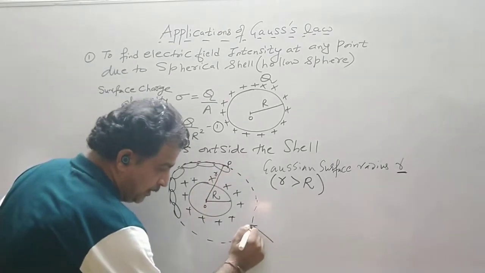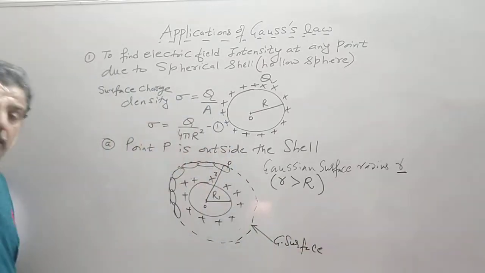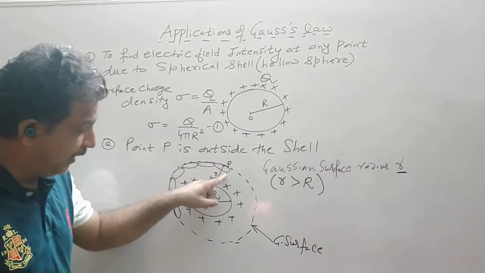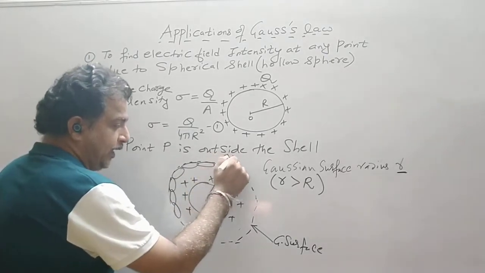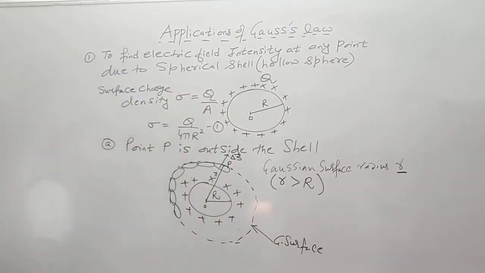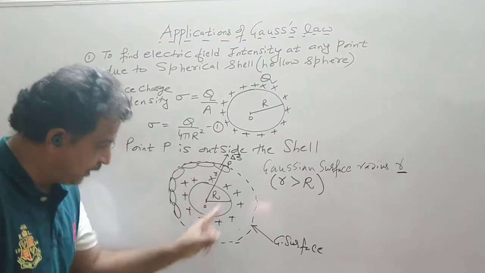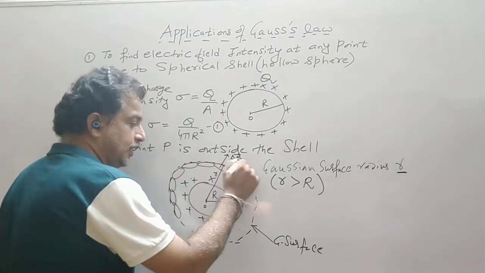So this is the Gaussian surface, and now I am considering one element. The area vector will be radially outward. Let us denote it by delta S. Now since the charge is positive, the electric field line is also radially outward. So this is the E vector.